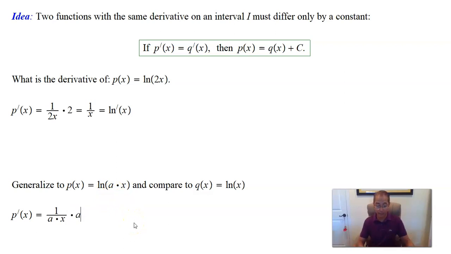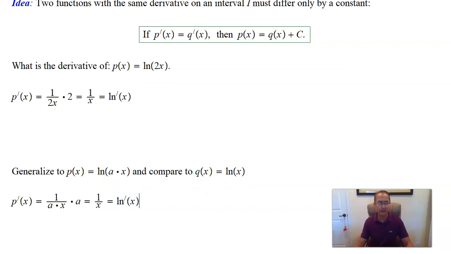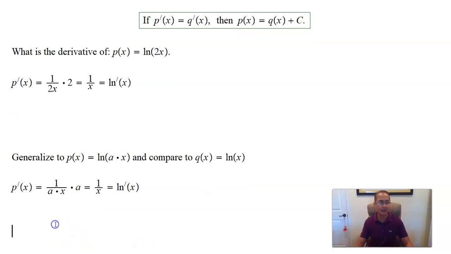There you go. The a's will also cancel, so we again get 1 over x, which is the derivative of ln of x. So according to our principle here, p of x, which we will generalize to this, will be exactly the same function as ln of x, except for a constant, a mysterious constant. Let's write that as thus.